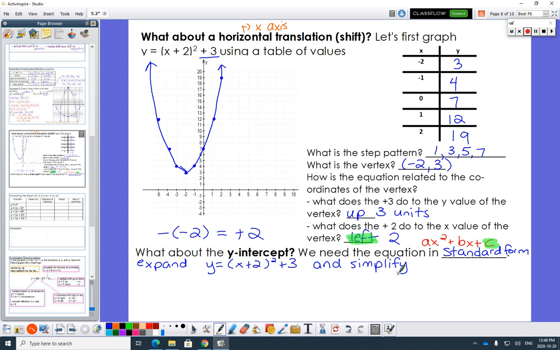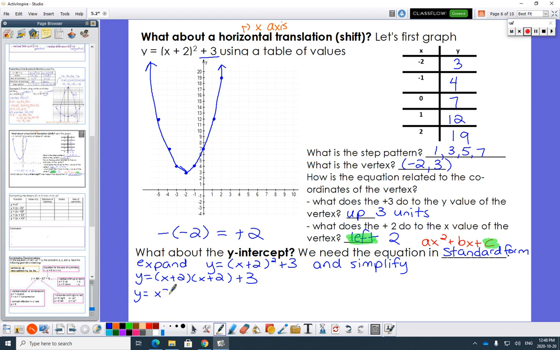Okay? So decide how much work you need to show. So we have to FOIL.